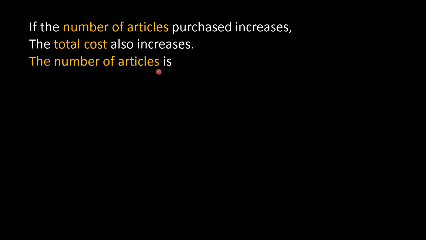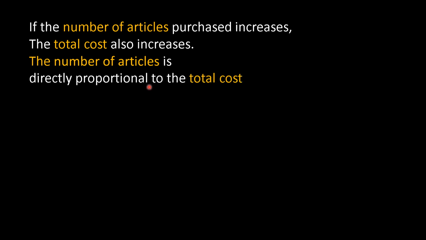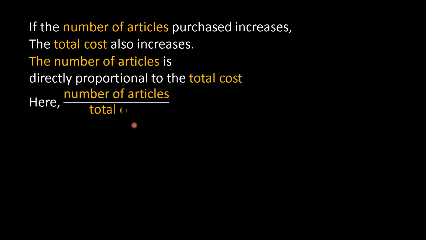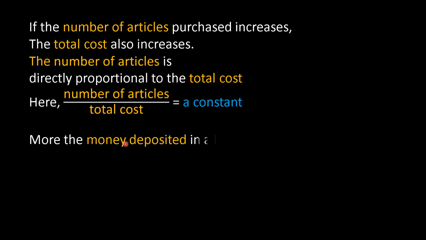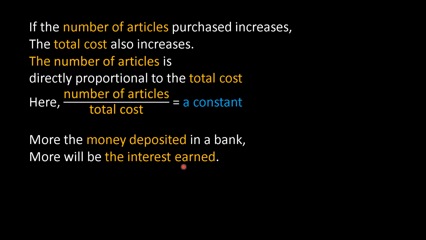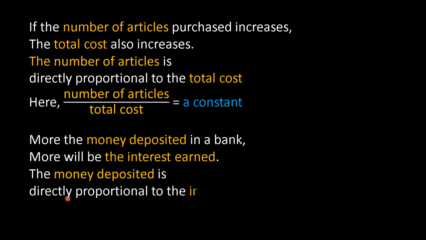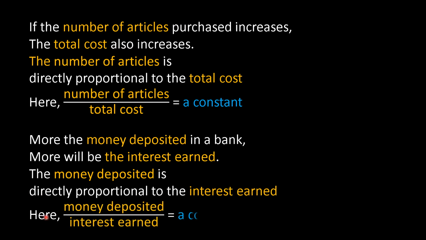Therefore, the number of articles is directly proportional to the total cost. Here, number of articles divided by total cost is a constant. In the second example, more the money deposited in a bank, more will be the interest earned. Therefore, the money deposited is directly proportional to the interest earned. Here, money deposited divided by interest earned is a constant.